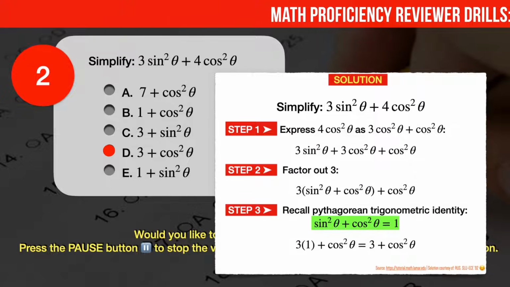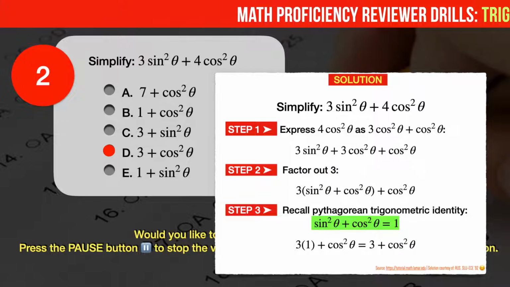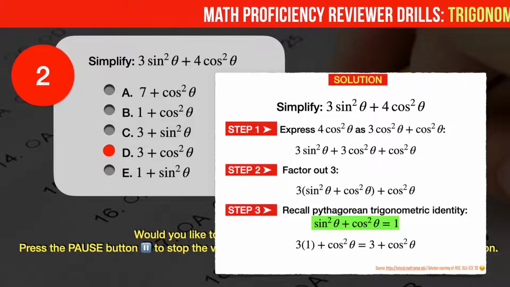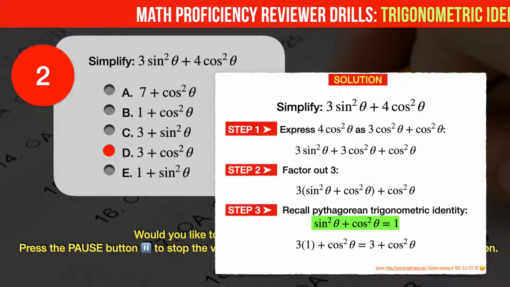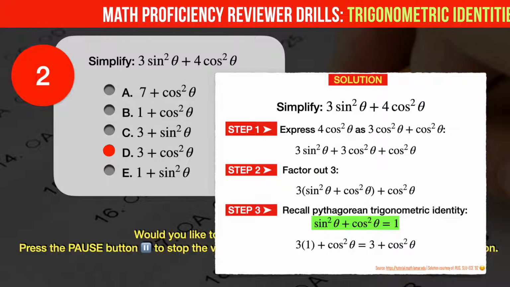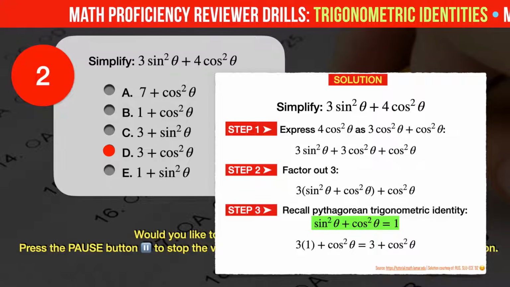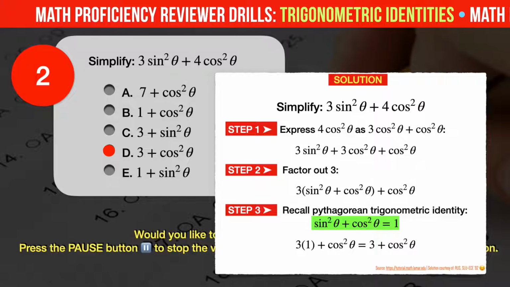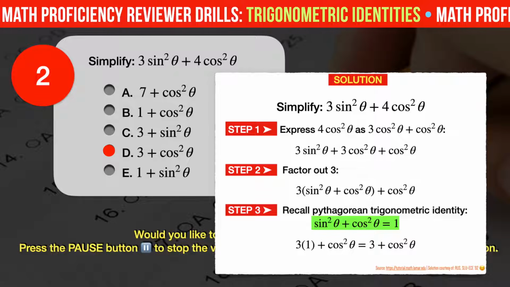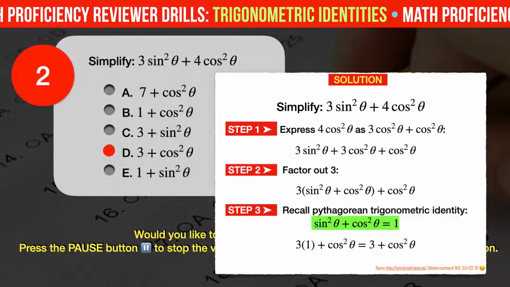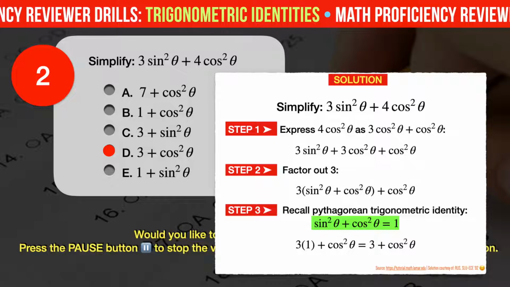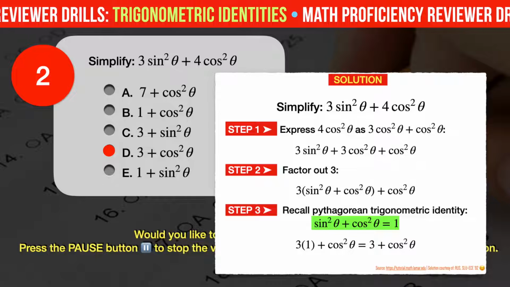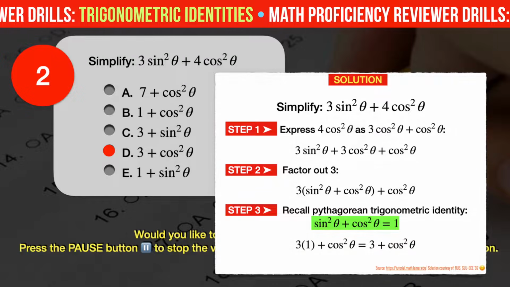And step 3, recall our Pythagorean trigonometric identity, sine squared theta plus cosine squared theta equals 1. Do you recognize that it is exactly the same as the expression inside the parentheses? Therefore, we can replace the expression inside the parentheses with 1, which leaves us with 3 plus cosine squared theta as our final answer. Very quick and easy, right?